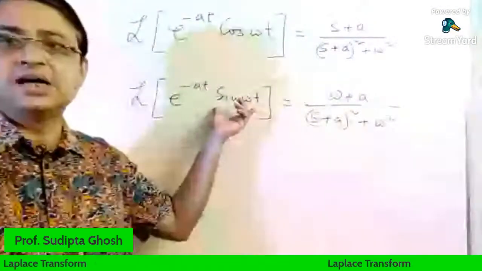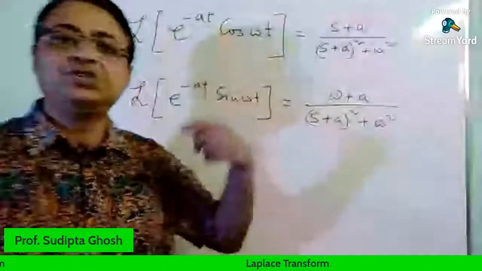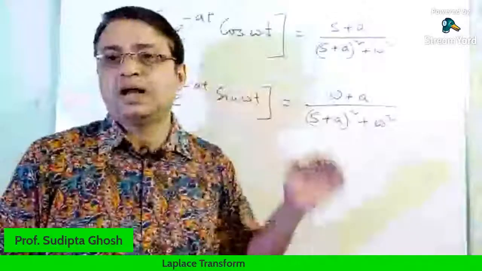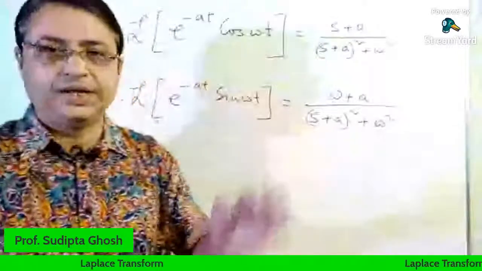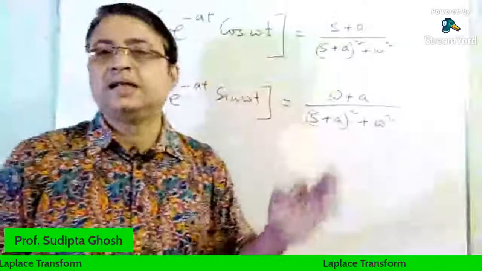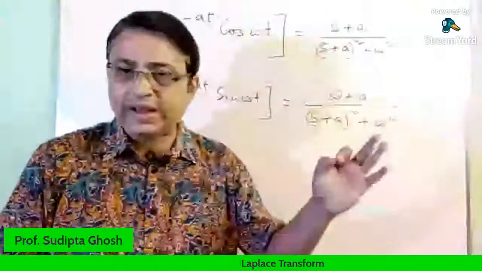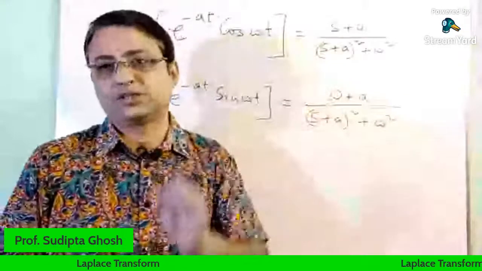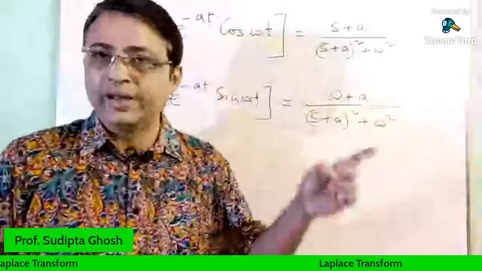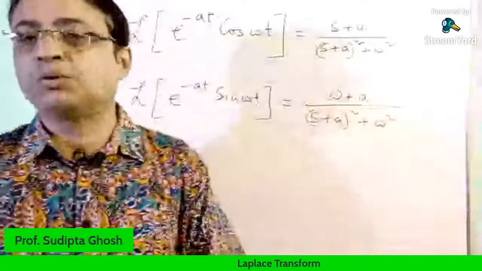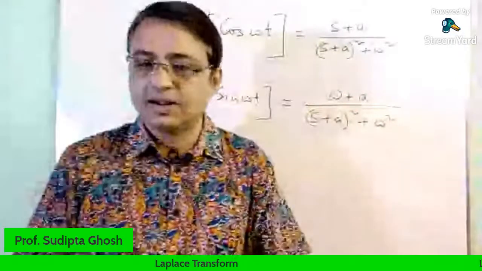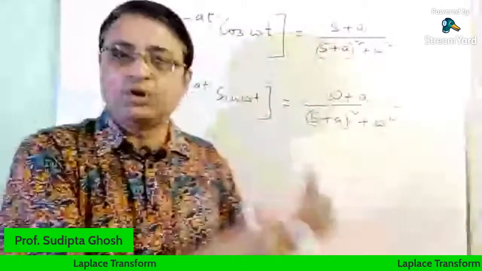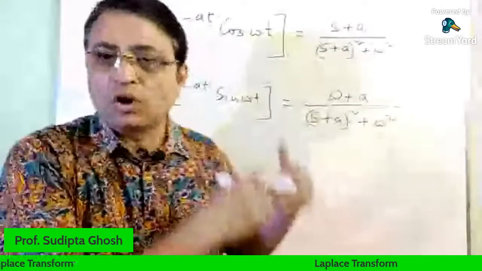If you check the value of the Laplace transform of f of t, you find that the value was omega by s square plus omega square.